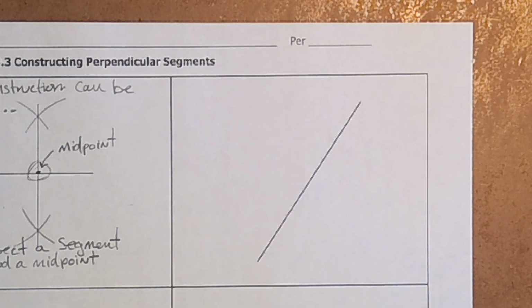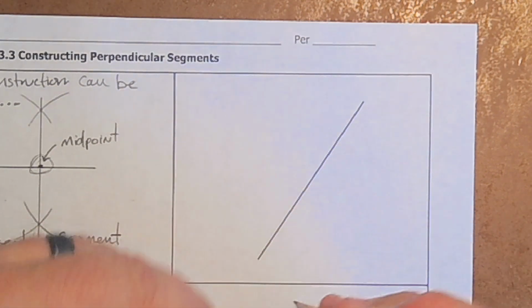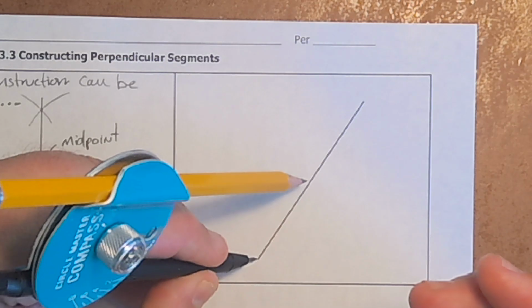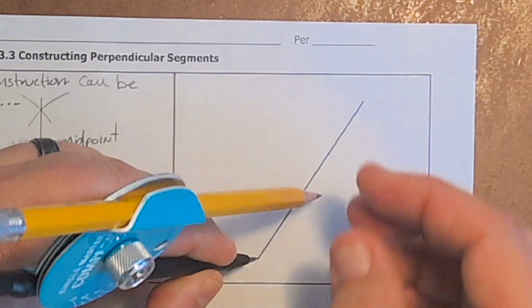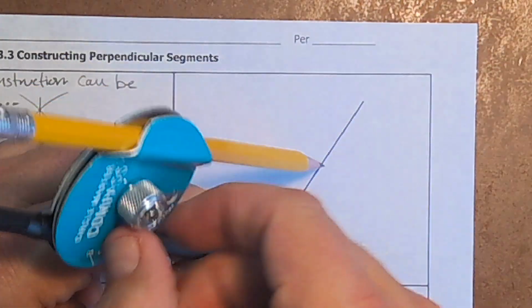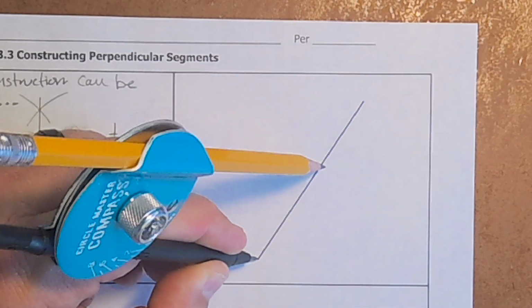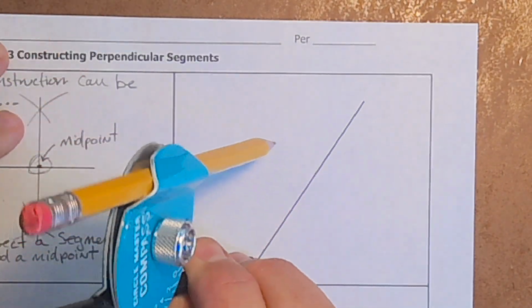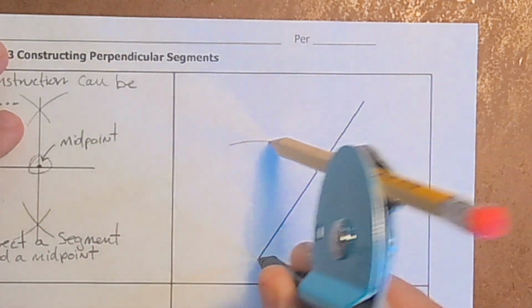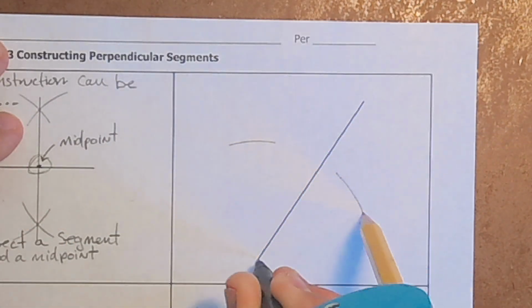If you're not sure, I'll do this one with you. I'm going to start by putting my pointer at one end of my line segment. Then I'm going to open it up clearly more than halfway, lock myself down, and arc to one side, like up here, and then arc to another side, like down here.